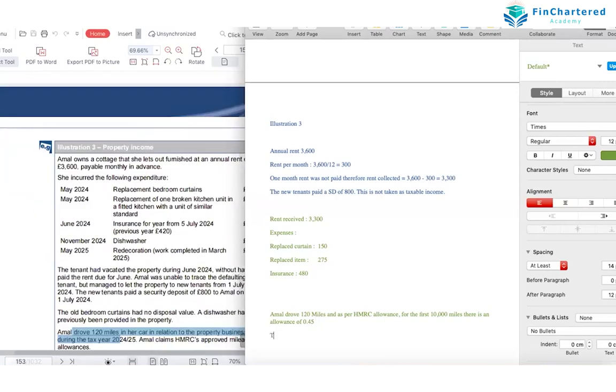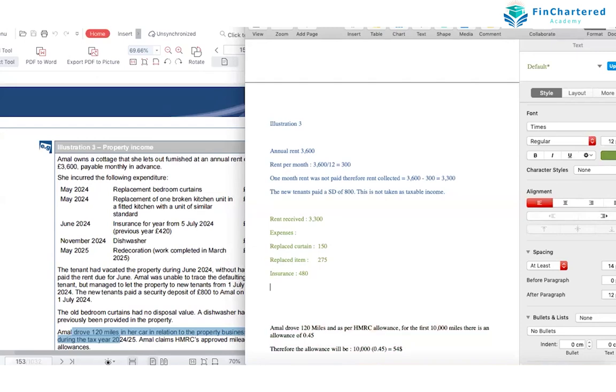Therefore, the allowance will be 120 into 0.45, which is 54. Okay. So the car allowance for the car is 54, which can be deducted.